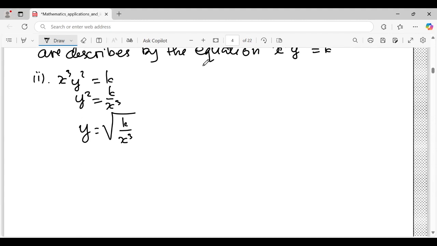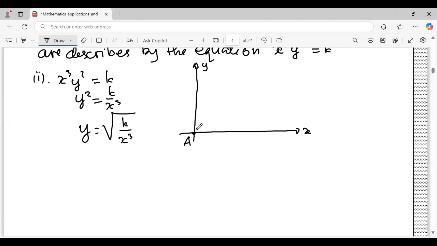If you sketch this on the x-axis and y-axis, recall that there are two equilibrium points.